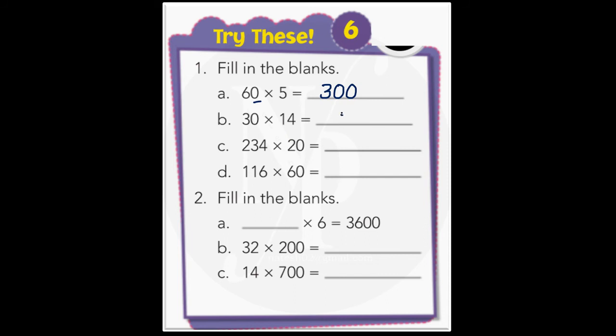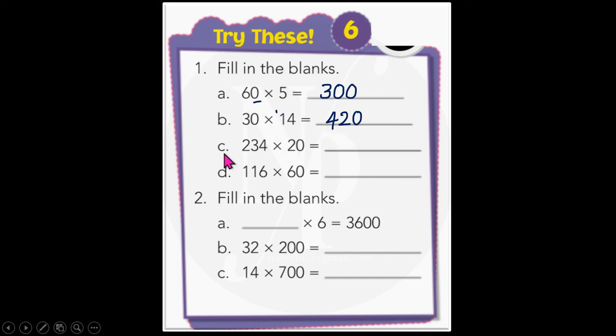So we write 2 here. 1 is carried forward. And 3 1s are 3. 3 plus 1 is 4. 42. On multiplying 14 and 3 you get 42. This 0 should be written in one's place of this answer. We write 0 here. Therefore, 30 into 14 is equal to 420.